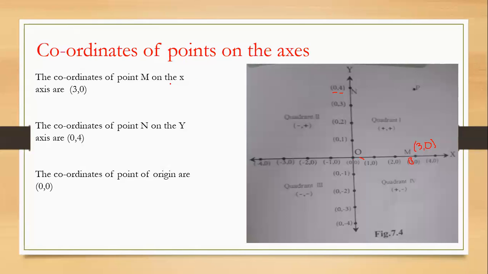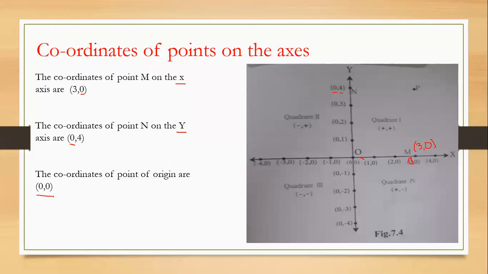So if the point is on x-axis, the y coordinate will be 0. The coordinates of point N on the y-axis are 0, 4. Means if the point is on y-axis, then the x coordinate will be 0. Okay. The coordinates of point of origin are 0, 0.